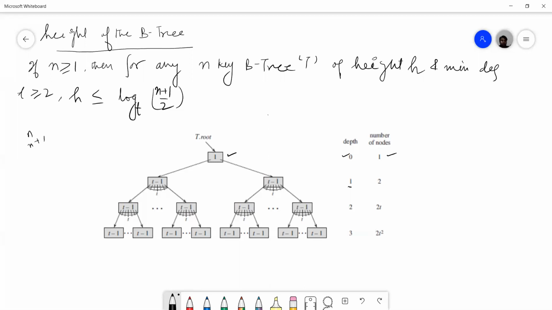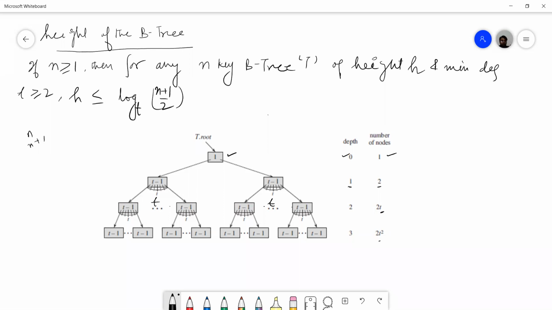So at depth 1, the number of nodes is 2. Now here we have t minus 1 keys. It means t children here and t children here, because t minus 1 keys means t children. So at depth 2 we have 2t nodes. Similarly at depth 3 we have 2t squared.